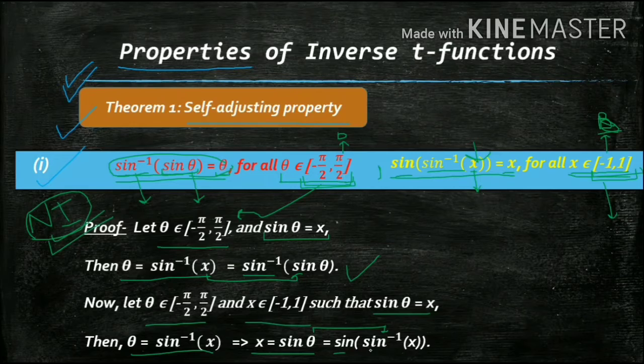So that means sine of sine inverse x is x, which is the second one. So in this way both properties are proved, hence proved at the last step. Well, this is not needed, but in case you want to know, I just told you.